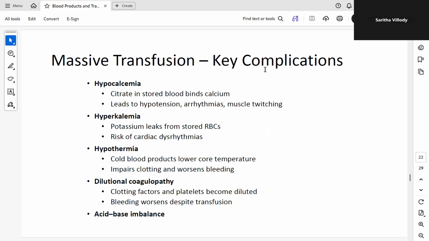Biggest complications of massive transfusion, hypocalcemia. So citrate is used to store blood, which binds with calcium, which causes reduced calcium level in people, which lead to hypotension, arrhythmias, muscle twitching, etc. So we're watching for hypocalcemia very closely in massive transfusion.